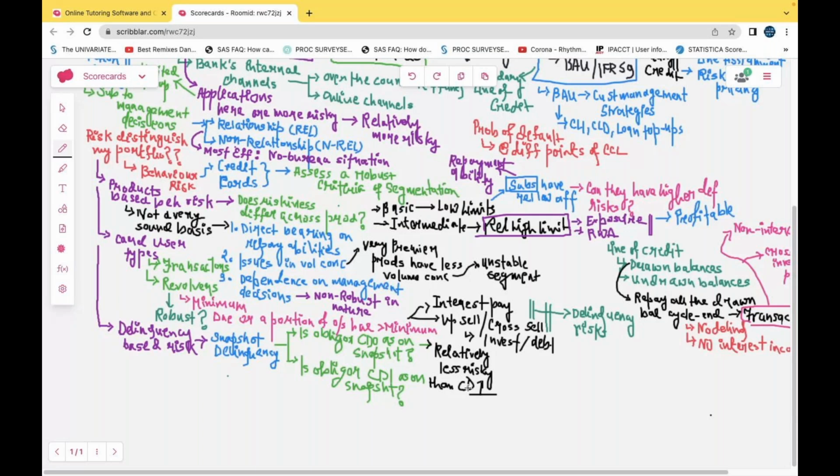Also, you can see a clear difference in the bad rate for each of the segments. For example, it is generally seen that for snapshot non-delinquent segments, the default rate is not more than 3 to 4%, right? So out of the total number of accounts as on a given snapshot who are non-delinquent, only in the next 12 months, let's say 1 to 4% of the borrowers enter into default. The remaining 96% is fine.